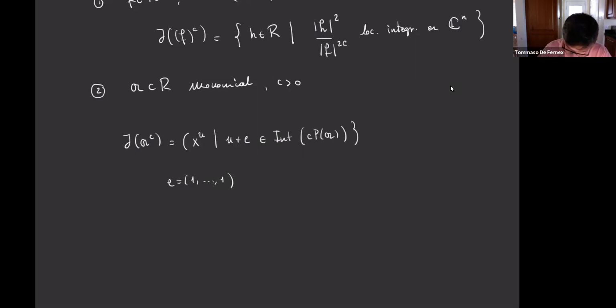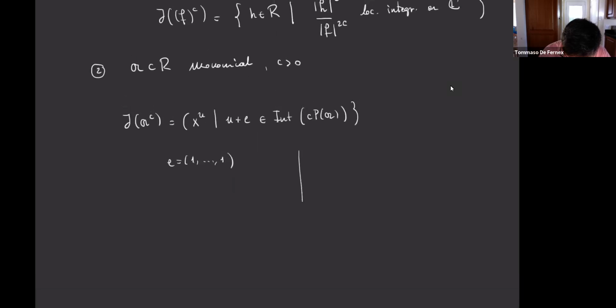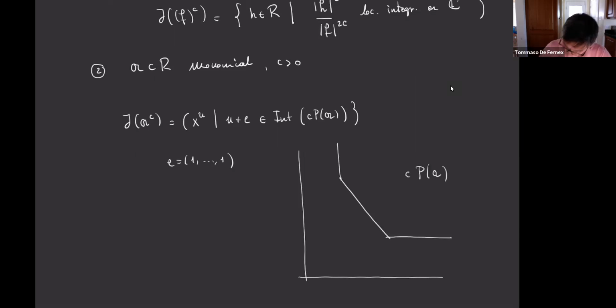So let me draw a picture for this. So you look in the octant, and suppose that this is c times P_a. So what you're going to do is that you have a vector here, e, of components 1, 1. By using that vector, I'm going to translate everything down by e. You can think about moving u up or moving the polyhedron down.